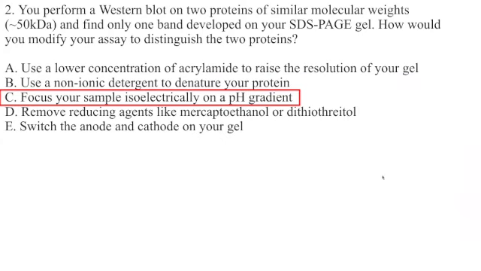So in this case, statement C is correct because we have 2 proteins with similar size, and we need to examine other properties of the proteins in order to distinguish them. Proteins of the same size can have a different charge, and thus separating them isoelectrically may allow us to characterize them better.